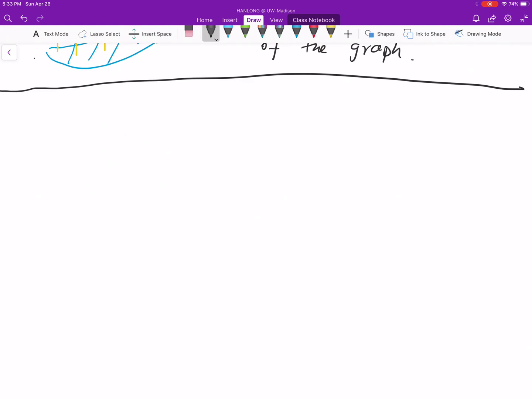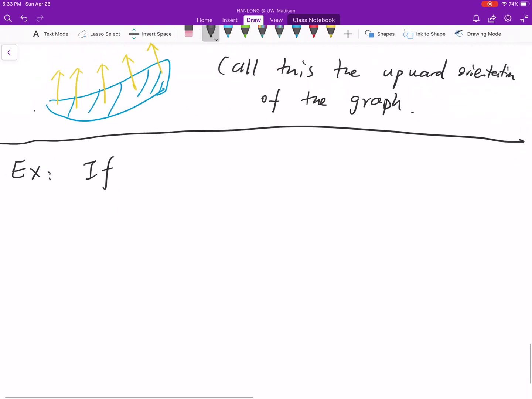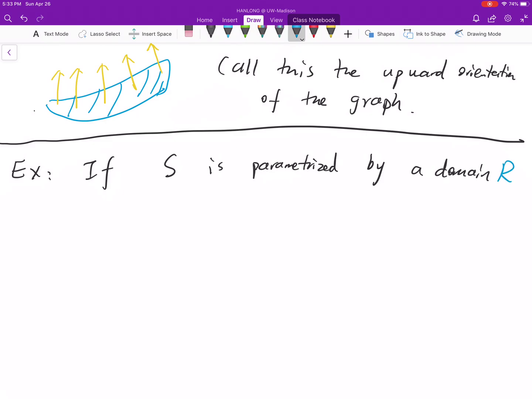Okay, the next example is, suppose S is parameterized by a domain R in 2D. So suppose you have this one.